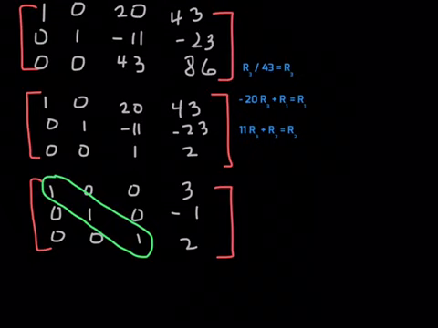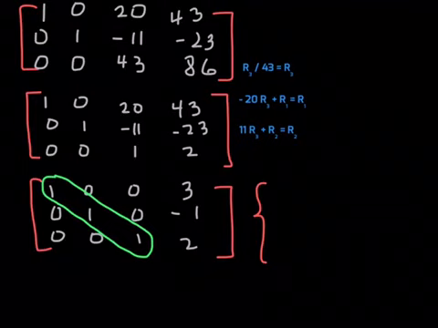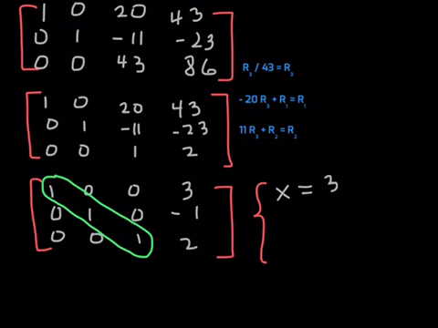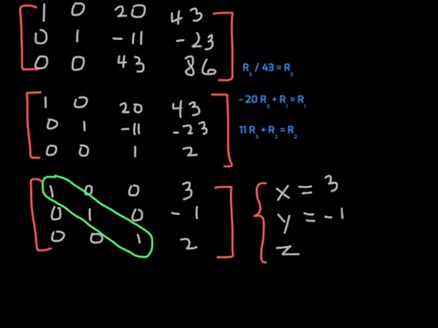So here, let me be as clear as I can. In a system form, this would be 1x plus 0y plus 0z is equal to 3. In other words, x is equal to 3. The second row says y is equal to negative 1, and the third row says z is equal to 2.